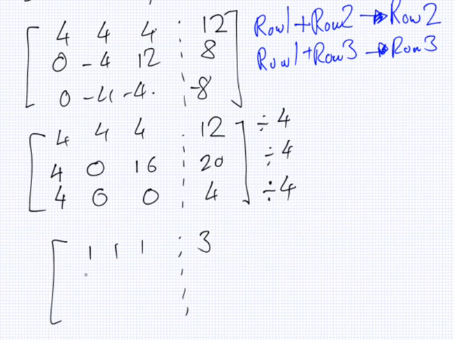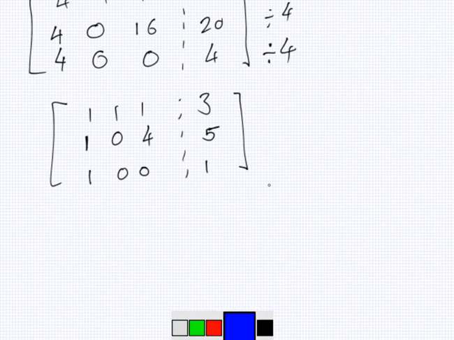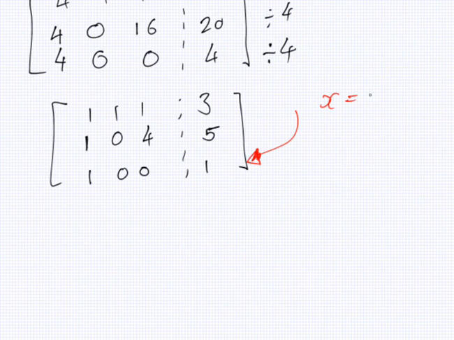And this is what you want. Why is this what you want? Well, if I write this back, how many x's do you have? 1x plus 0y, just x, equals 1. 0x plus 1y is y equals 1.